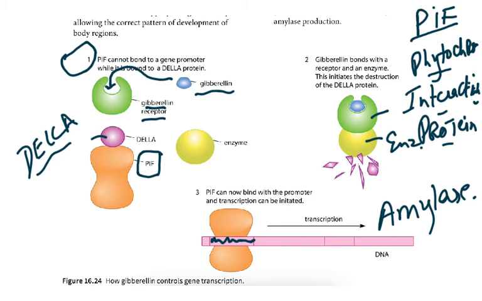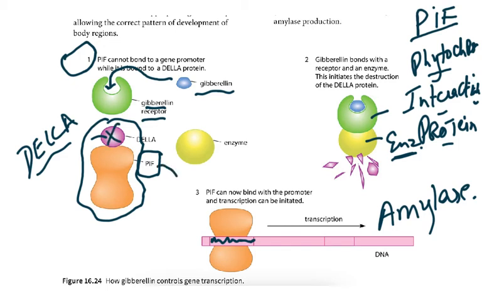Once again, I'll just repeat myself. Gibberellin binds to its receptor. PIF cannot bind to the gene promoter while it is bound to the DELLA protein. So this PIF is actually bound to the DELLA, and this cannot work. So what has to happen is that when the gibberellin binds to the receptor, it binds to an enzyme. The enzyme results in the destruction of the DELLA.